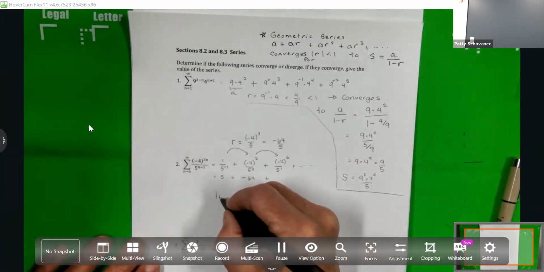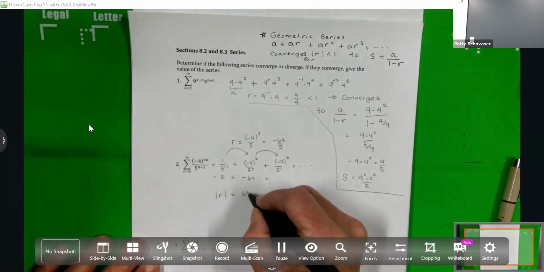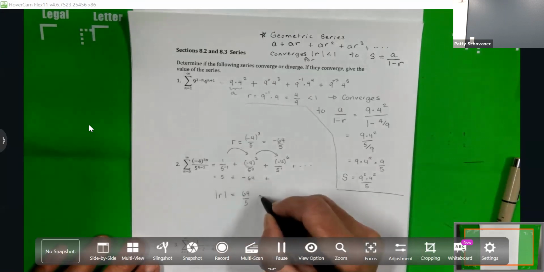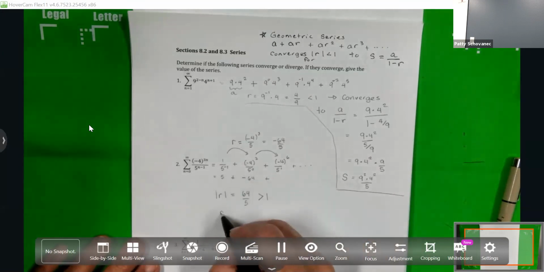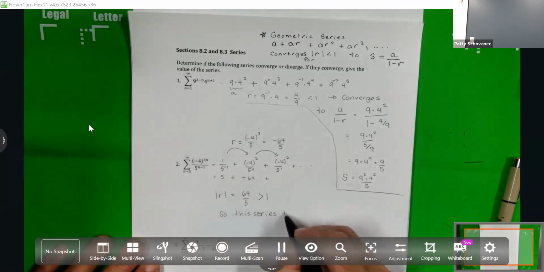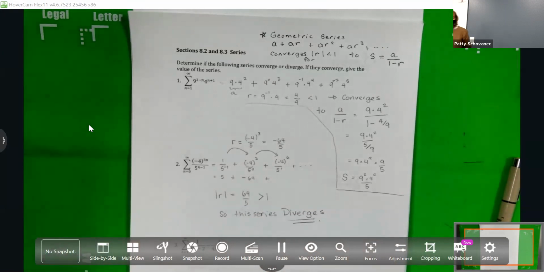And so when I take the absolute value of that r, I get that. That's bigger than 1, so this series diverges. You keep adding terms that get bigger and bigger and bigger, so this thing's going to go to infinity.